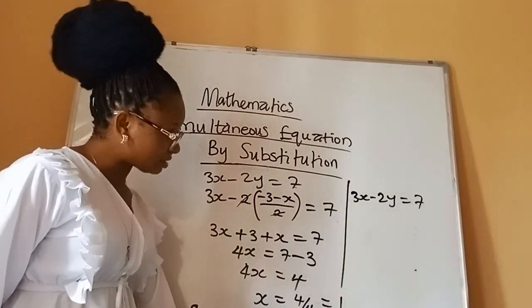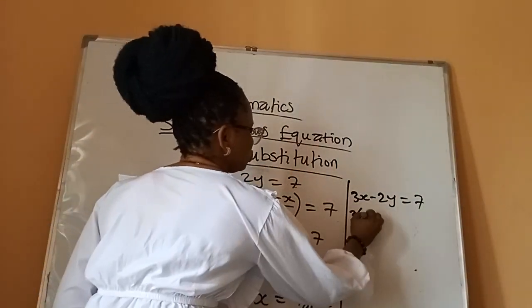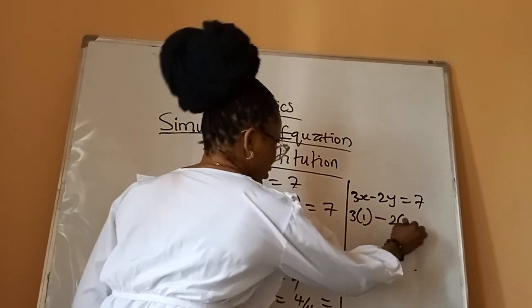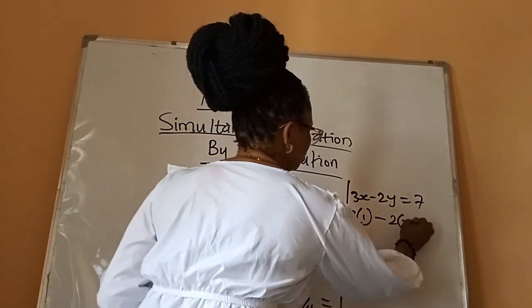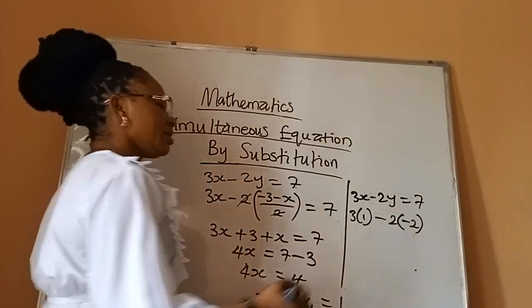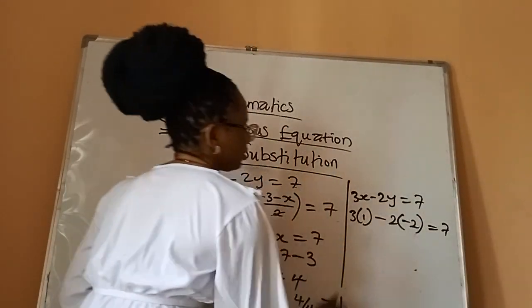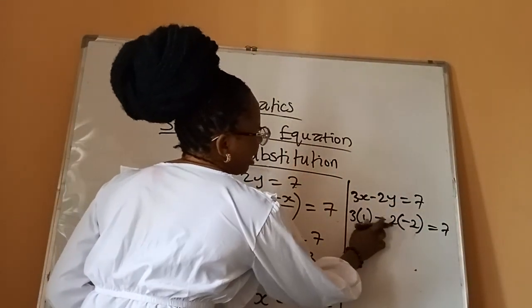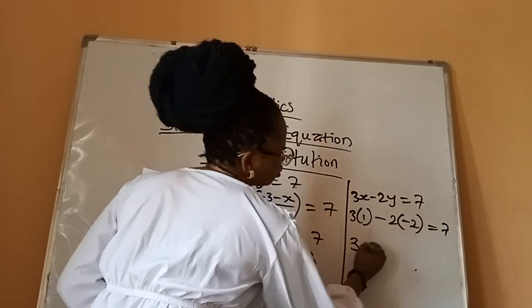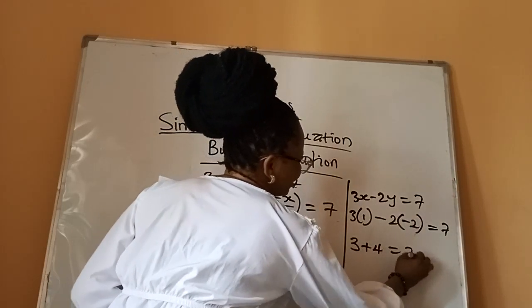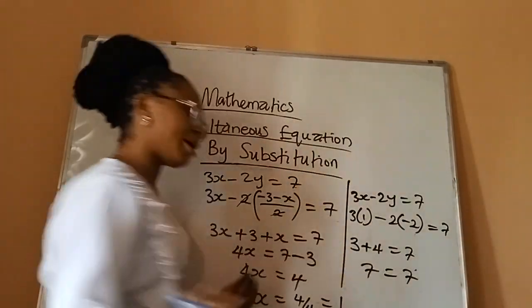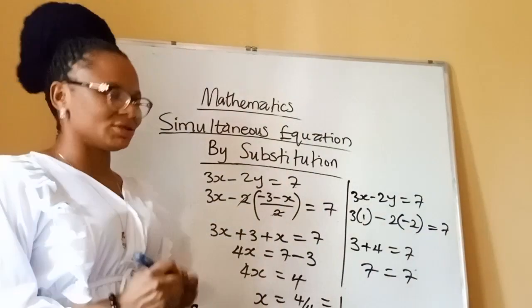And we've gotten x to be 1. So this is 3 into 1 minus 2 into, we've gotten y to be minus 2. Let's test and see if that will give us 7. Okay, this is 3 minus 2 times minus 2 is plus 4. So you see 7 equals 7. That means we are on the right track.